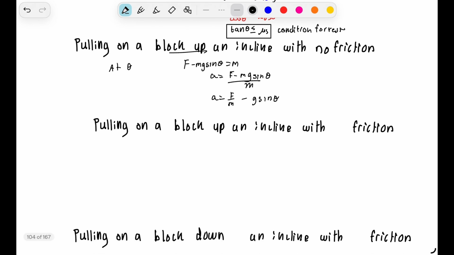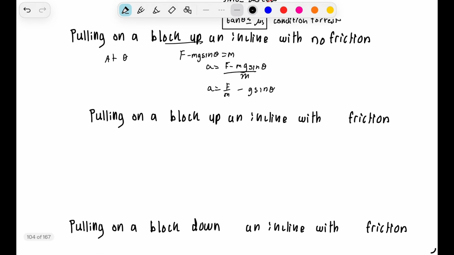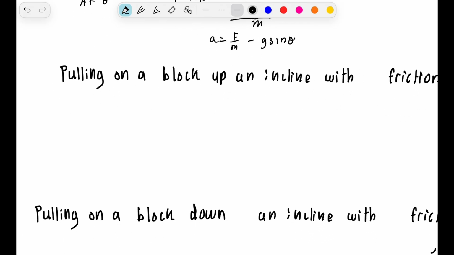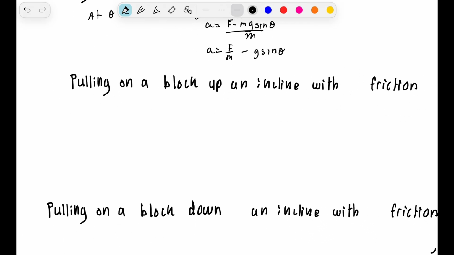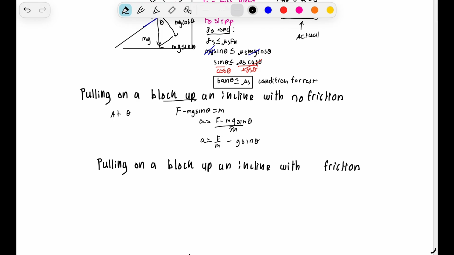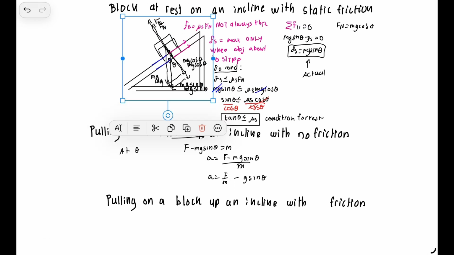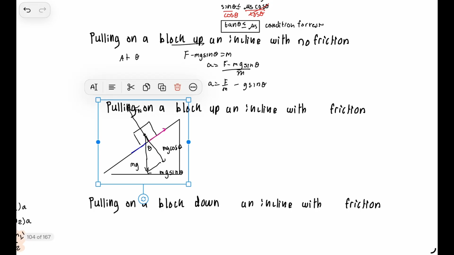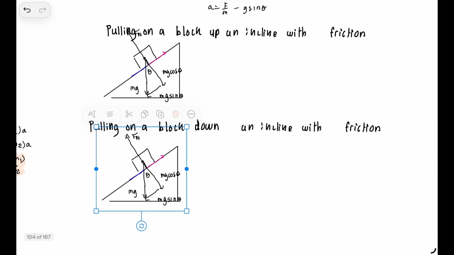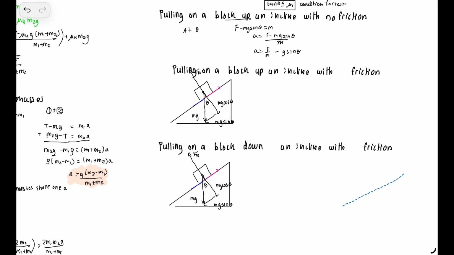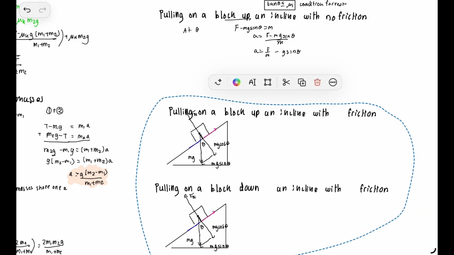What about if you were pulling a block up with friction? If you had friction, that means that your block is moving up, so friction is going to be pointing down. So let's take this. Let's also draw out the situation for our previous question.